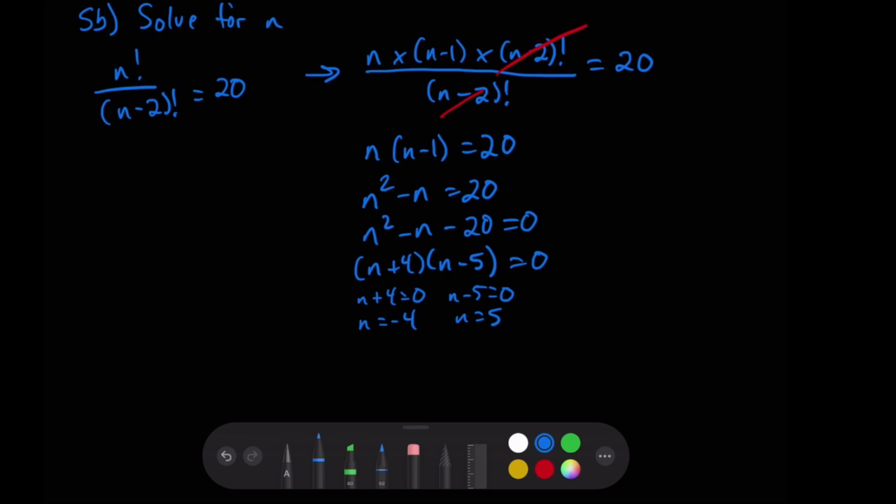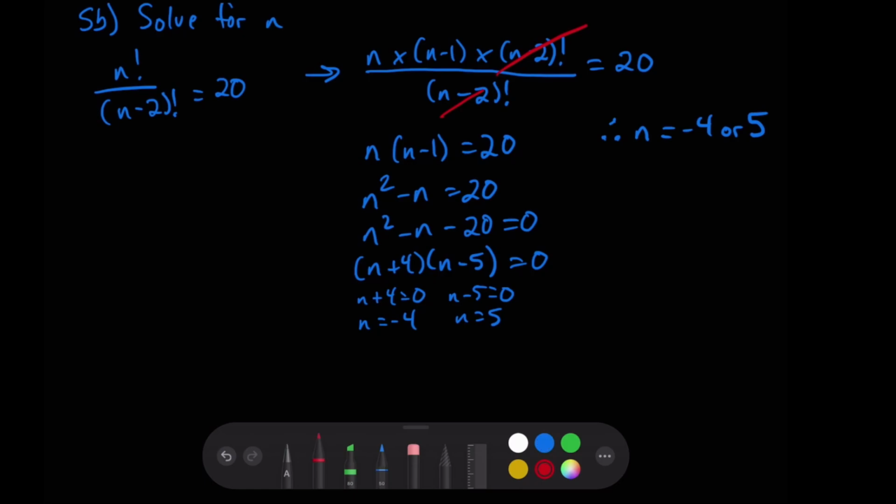That's all we have to do here. So therefore, n is equal to negative 4 or 5. Those are the values that allow this equation to be true. We talked previously about finding restrictions, and that just means that the factorial argument must be greater than or equal to 0. I can't find the factorial of a negative number.